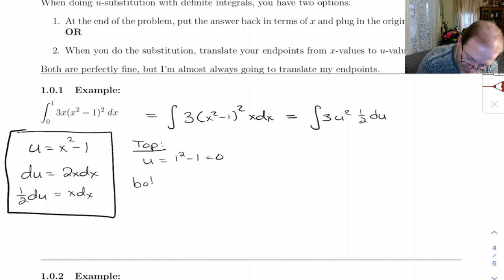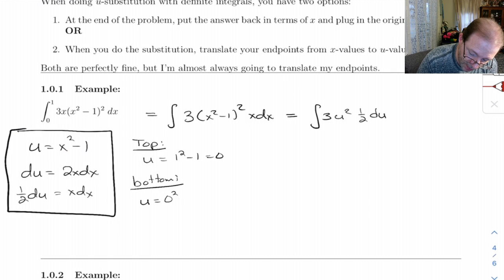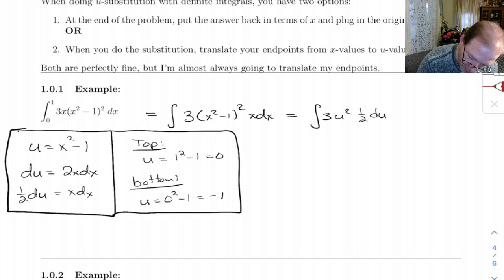And for the bottom, I'm going to take my bottom endpoint 0 and plug it into here to get my u. So the bottom, I get u equals 0 squared minus 1, which is negative 1. So over here, this goes from negative 1 to 0.